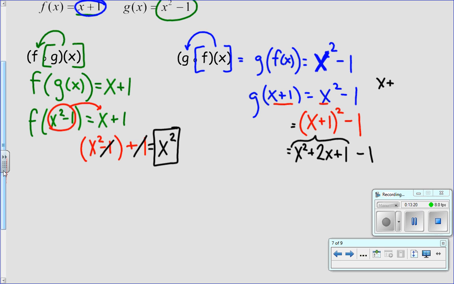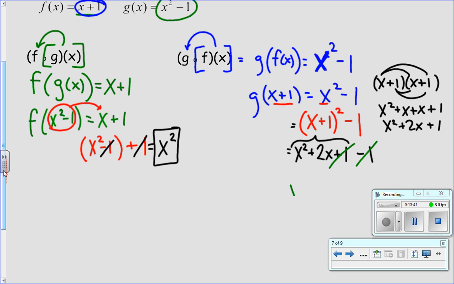If I have x plus 1 times x plus 1, I get x squared plus 1x plus 1x plus 1. So that's where my x squared plus 2x plus 1 comes from. All right? And now, I can combine any like terms. The only thing that can combine are my plus and minus 1, and they cancel. So this is really x squared plus 2x. That is g of f of x right there.